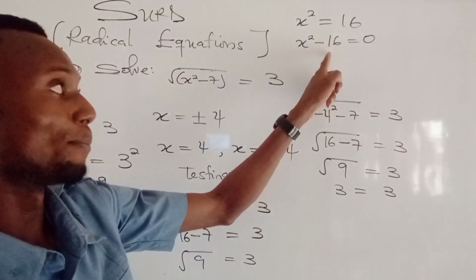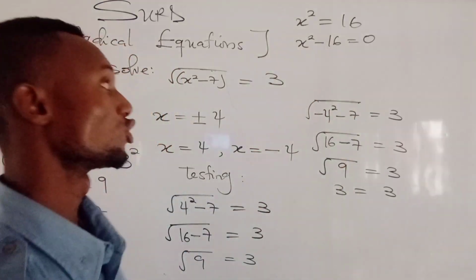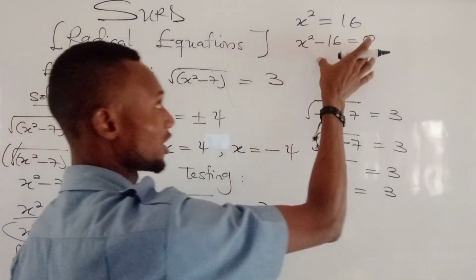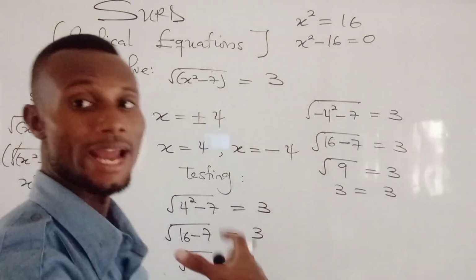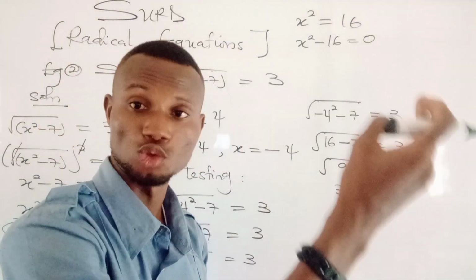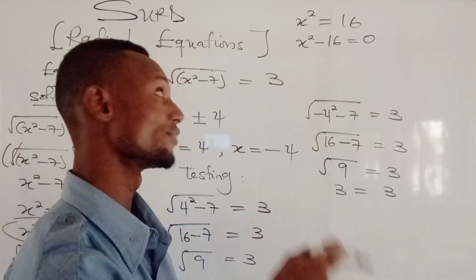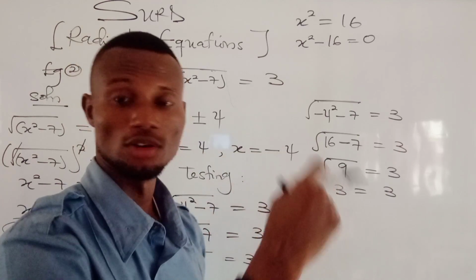Then we apply the difference of two squares to factorize this. For you to be able to apply the difference of two squares, this 16 needs to be changed to something to the power 2. You know that 4 to the power 2 gives 16. So I'm going to write 16 as 4 to the power 2.